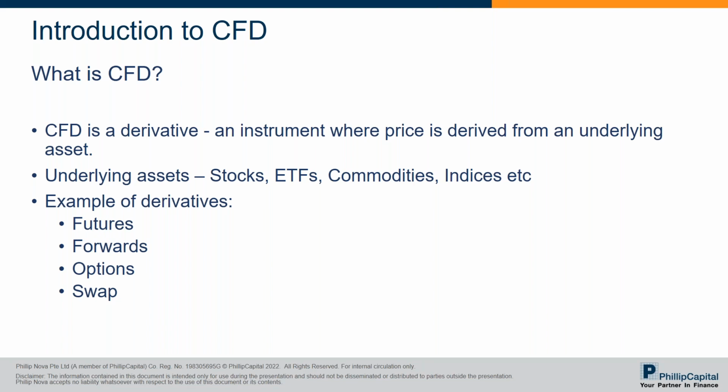Basically, anything that has a price movement, there can be a CFD contract derived from it. Some of the other more popular derivatives that you may have heard of are futures, forwards, options, and swaps. CFD, futures, forwards, options, swaps are all derivatives.